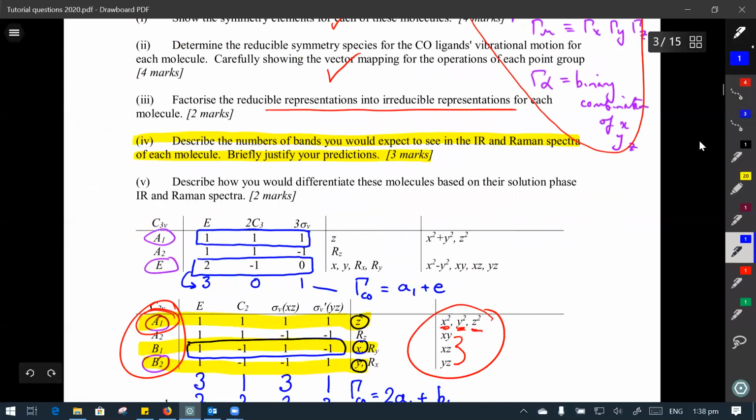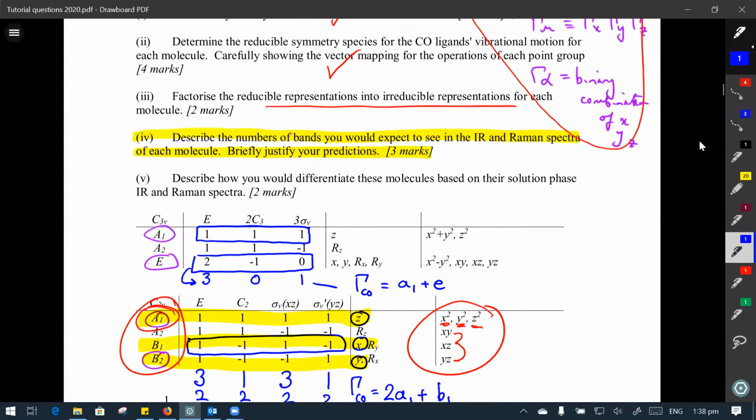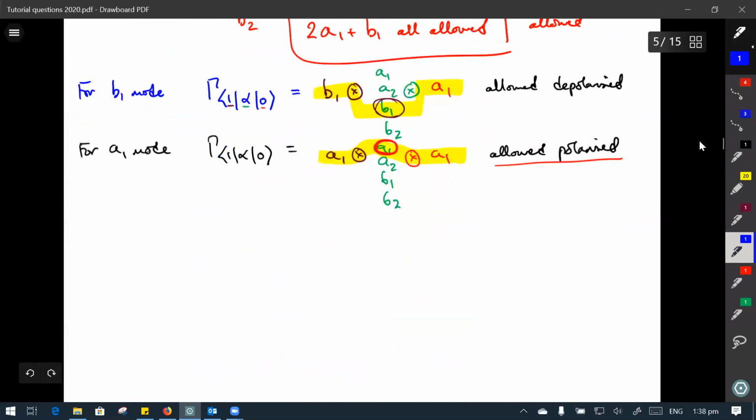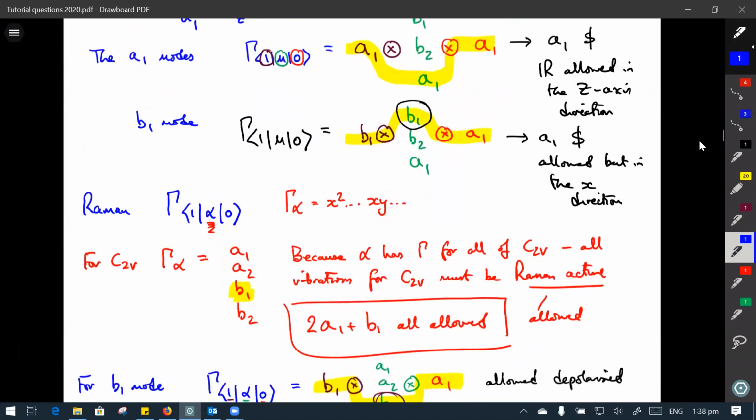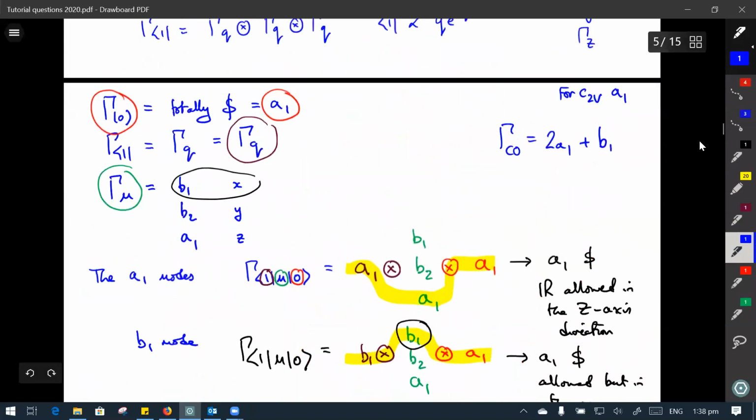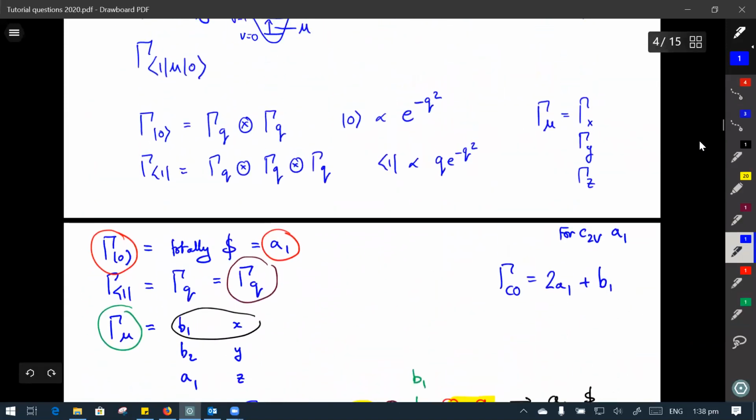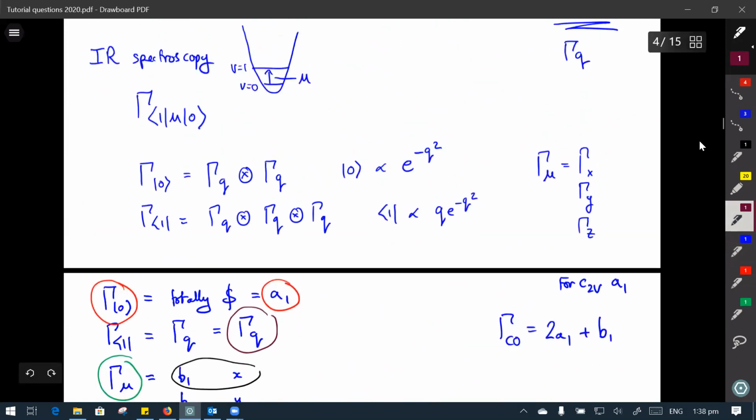Can I just ask a question? Sure. When you do the B1 mode for IR, why does it go from A1 to B1 for the symmetry of 1? It's a good question. So it's basically up here: the wave functions we drew way back when. If we just draw the wave functions out, they look kind of like that.